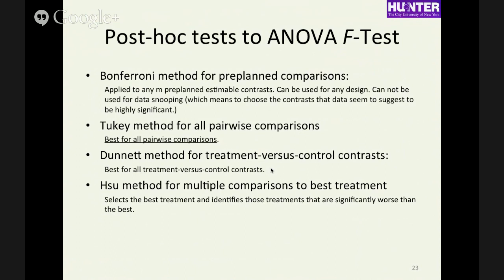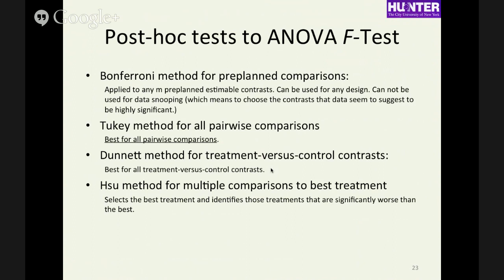Here are a few options that you'll have, and it really depends on what your study design is and what kind of tests you want to do. The Bonferroni method is a very generic method that you can use, as long as you plan some number of contrasts, either all of them or just some of them, to correct for multiple testing.